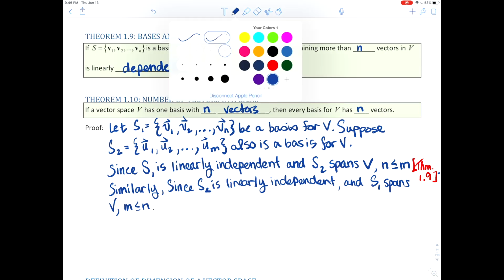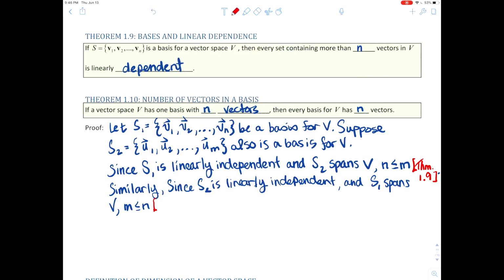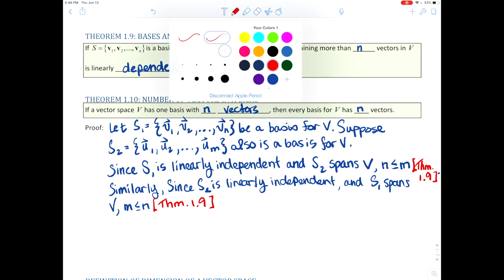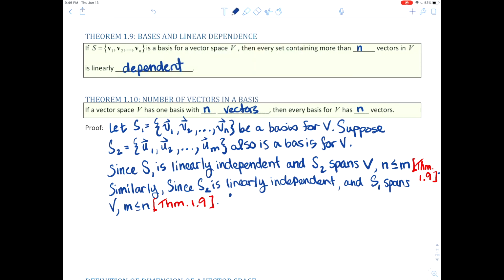And that's again using that theorem 1.9. Therefore, m has to equal n, right? Because of the inequality statements. Cool, cool?